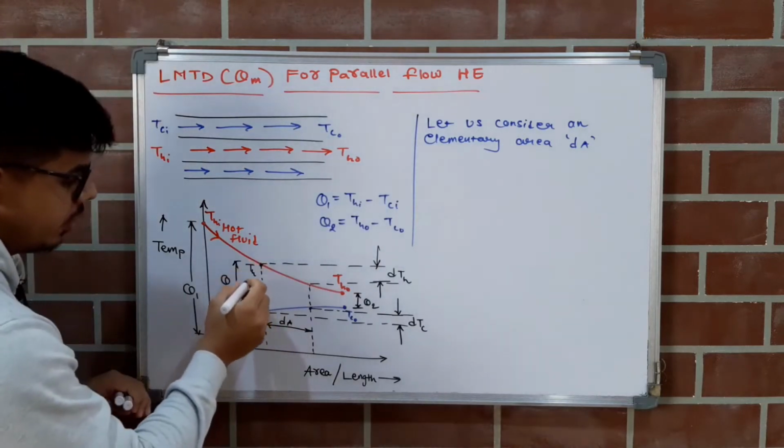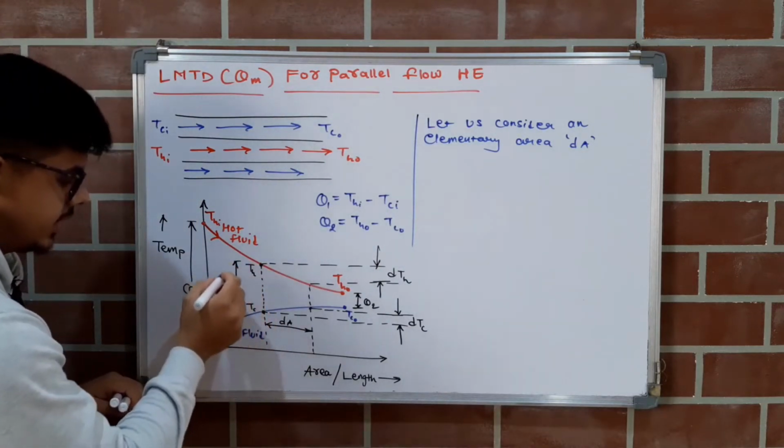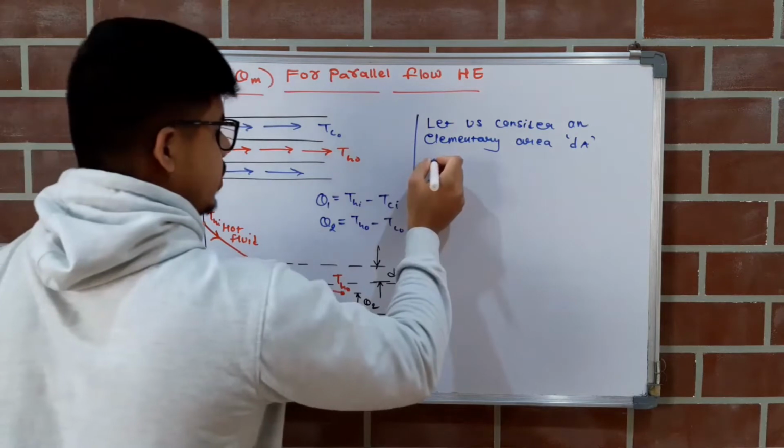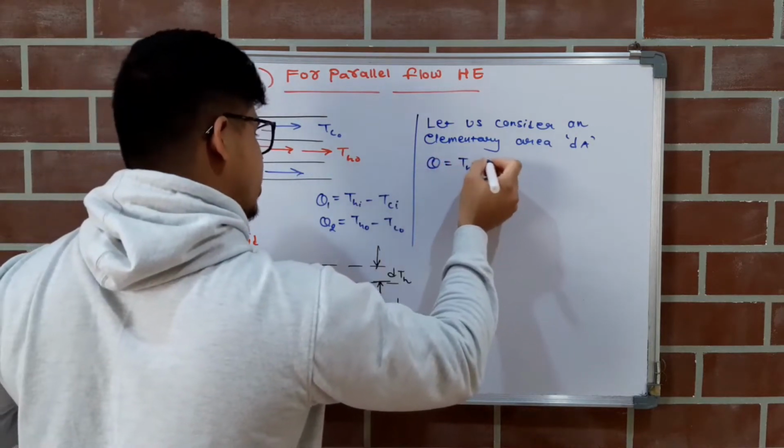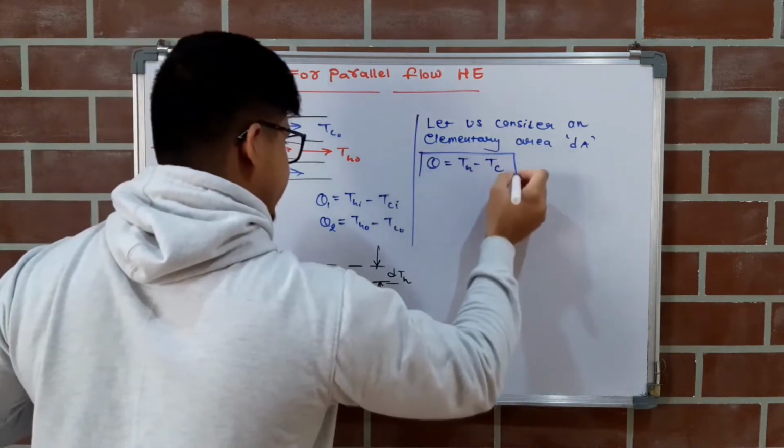From the graph, Th minus Tc is considered as theta. So theta is equal to Th minus Tc. This is for the element.